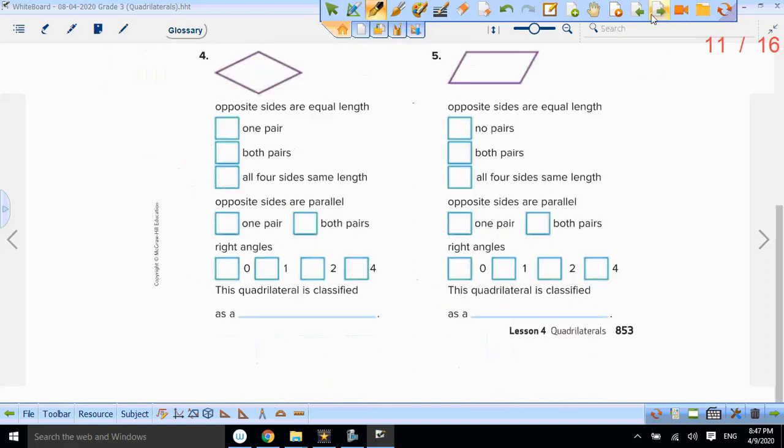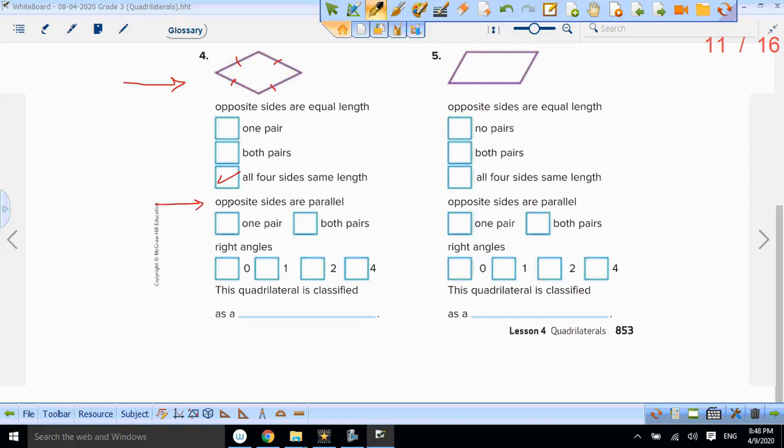The next one, look at this shape. Opposite sides are equal length. If you measure the side length of this shape, you will find that it has 4 equal sides. So all 4 sides are the same length.